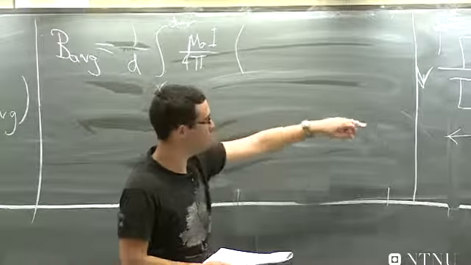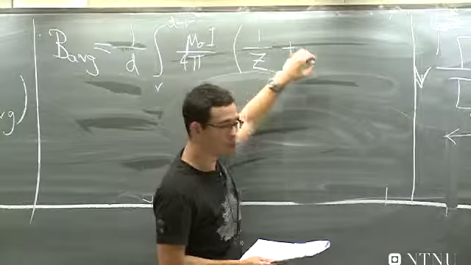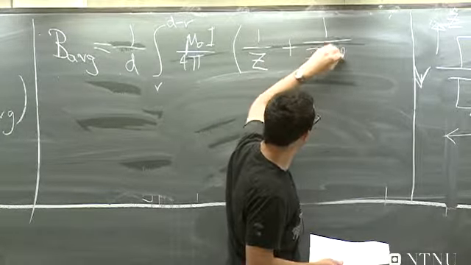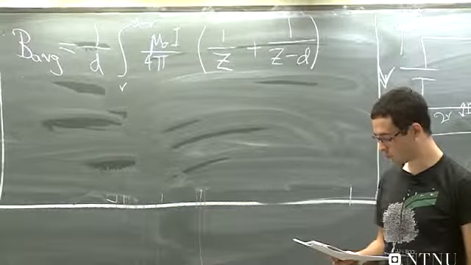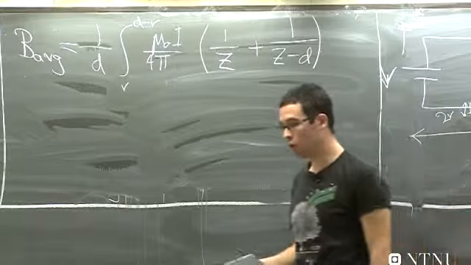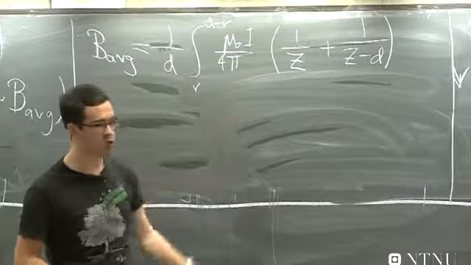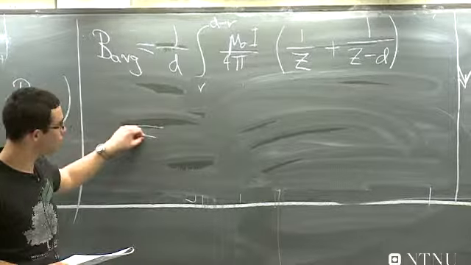The magnetic field from the lower wire is proportional to 1 over z, and from the upper one it is 1 over z minus d. You remember that the magnetic field from an infinitely long wire is proportional to 1 over the distance, and this is the proportionality factor. Okay, and I think I'll just do the integral.